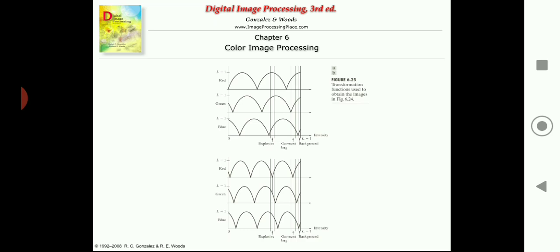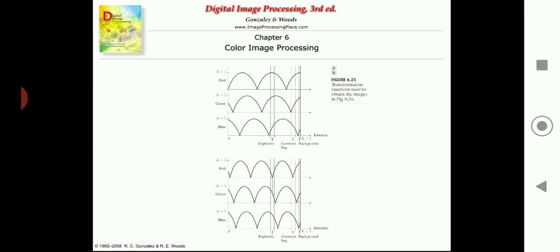If you observe clearly here, friends, each sinusoidal wave corresponds to each color. The first sinusoidal wave corresponds to red, the next to green, and the third to blue. Once you change the phase and frequency, you can find changes in your images.